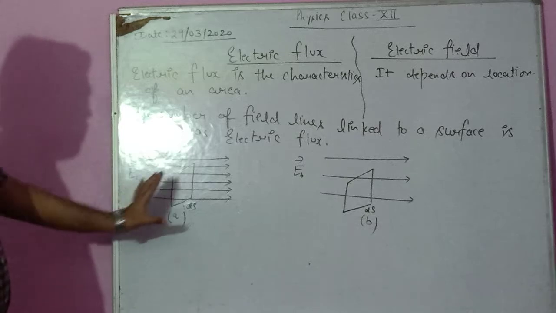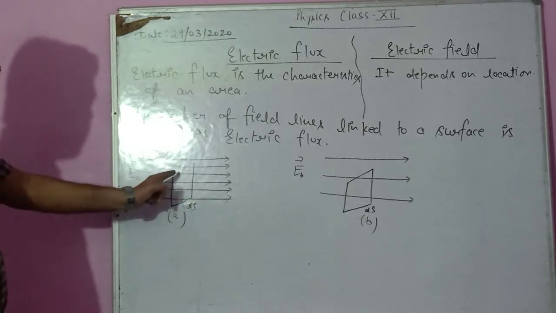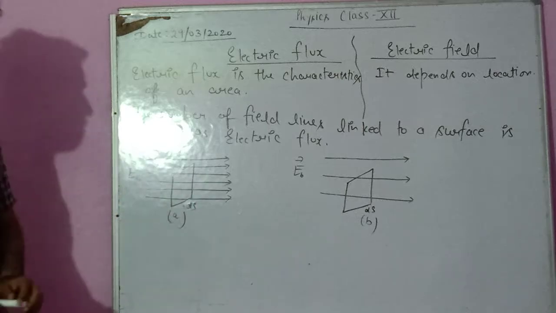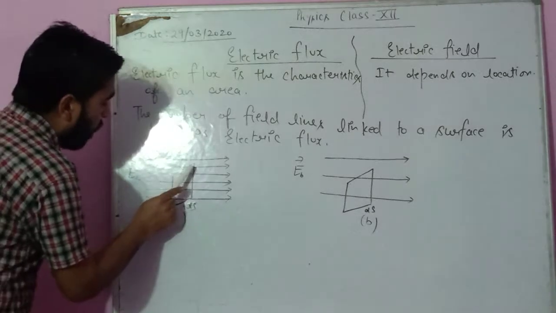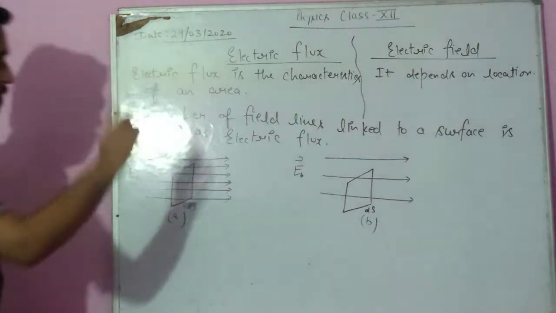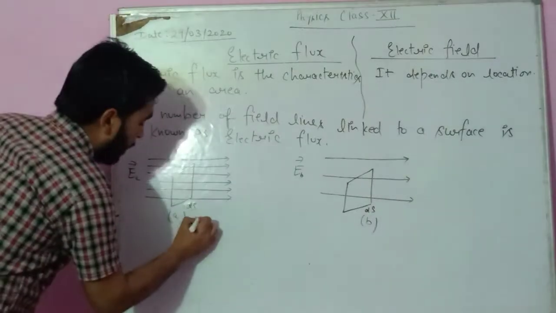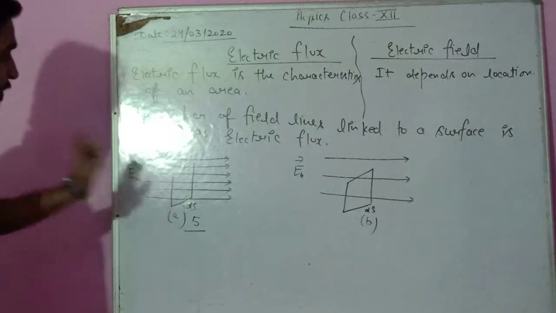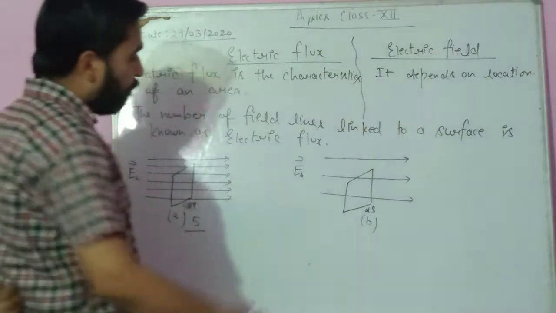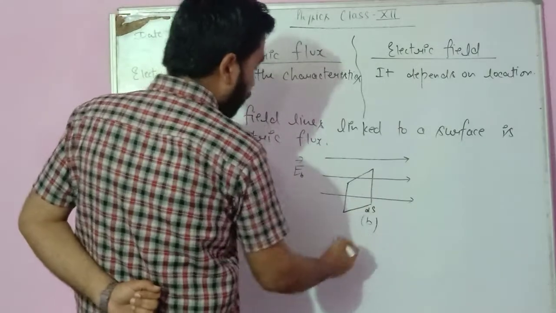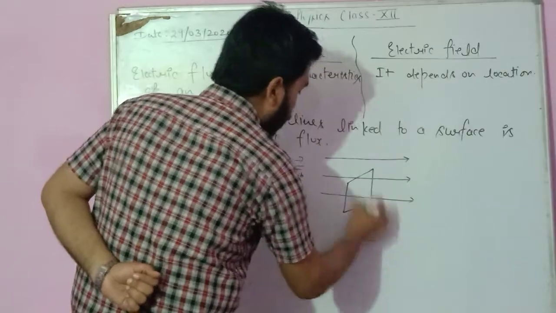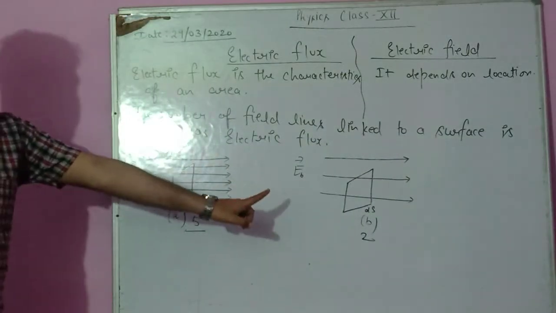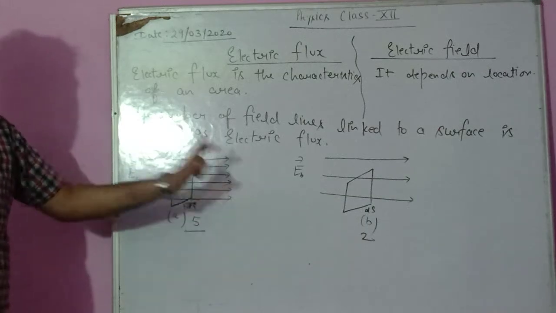Now it is very clear. If we see how many field lines are passing through this DS, we count 1, 2, 3, 4, 5. So the number of field lines passing through figure A is 5, while the number of field lines passing through figure B is only 1 or 2. So among figure A and figure B, which has more flux?